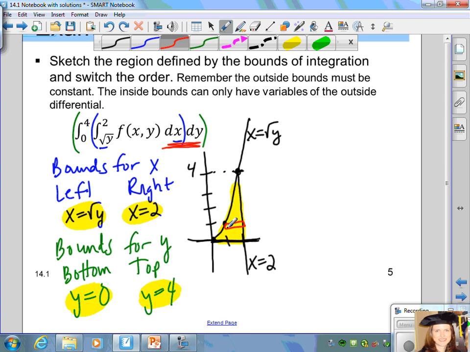Now, to switch the order, we're going to create a vertical representative rectangle. And from that vertical representative rectangle, determine the bounds of integration.